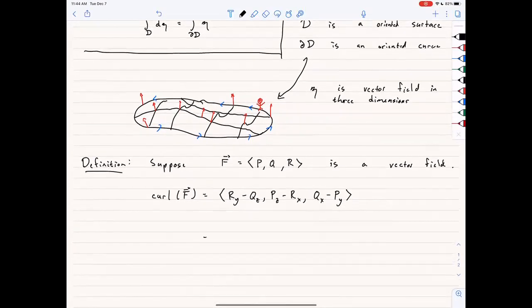Another way of writing this, or of computing this, or remembering this, which I think is probably the way you should try to remember this, because oftentimes this formula is not going to be very helpful. Sure, you can look at it and do it, but if you wanted to remember it, this is probably a better way. You take your partials and you view your partials as being sort of like entries of a vector.